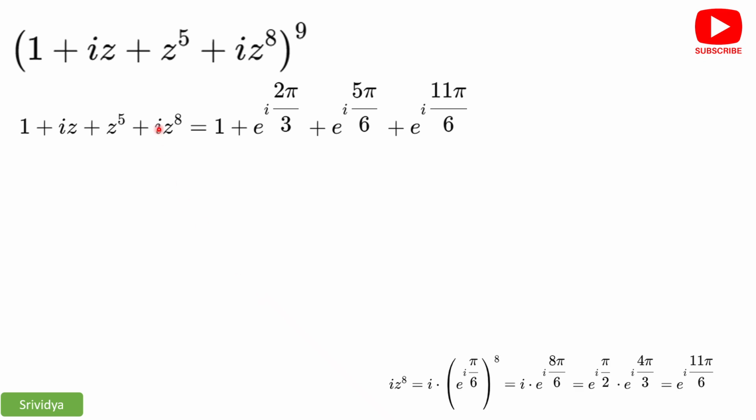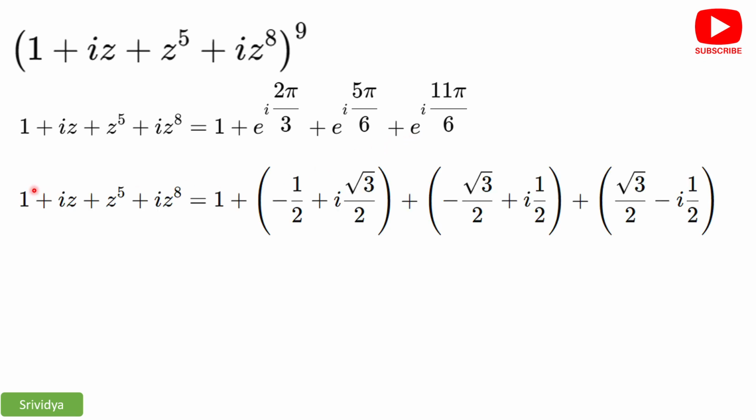Next, let us see what iz to the power of 8 can be replaced with. It is e to the power of i into 11 pi by 6. So 1 plus iz plus z to the power of 5 plus iz to the power of 8 is equal to 1 plus e to the power of i into 2 pi by 3 plus e to the power of i into 5 pi by 6 plus e to the power of i into 11 pi by 6.